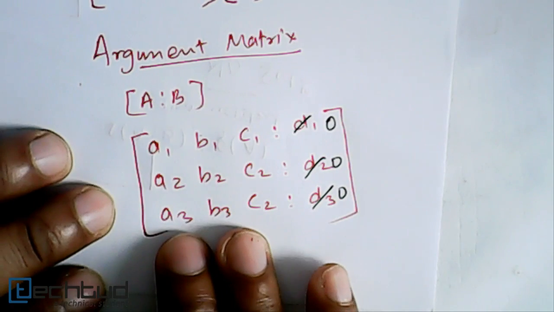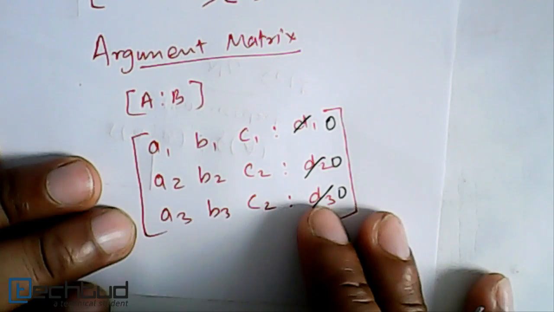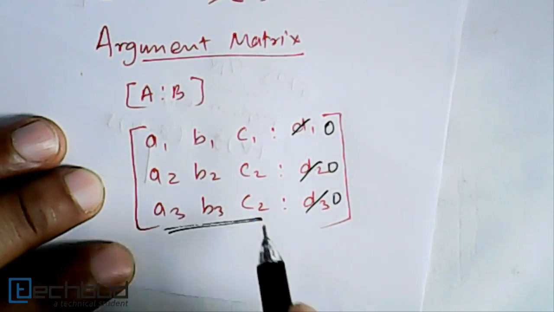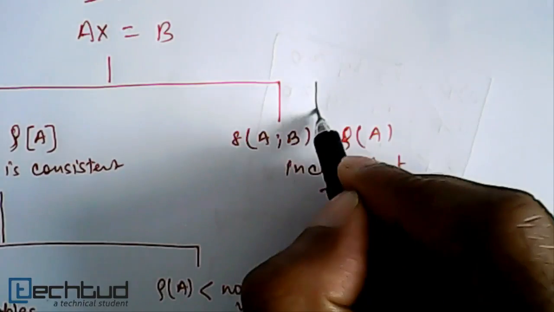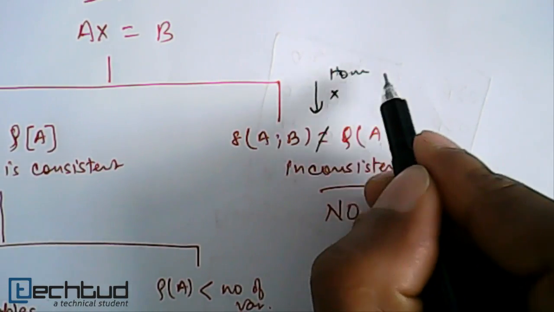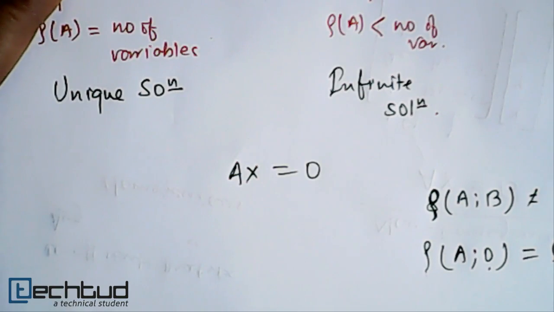So there is no chance that the rank of the coefficient matrix will not be equal to that of the augmented matrix. So this will always be equal, and we will never arrive at the inconsistent case in the homogeneous case. Fine. So we have only this condition in the case of homogeneous.